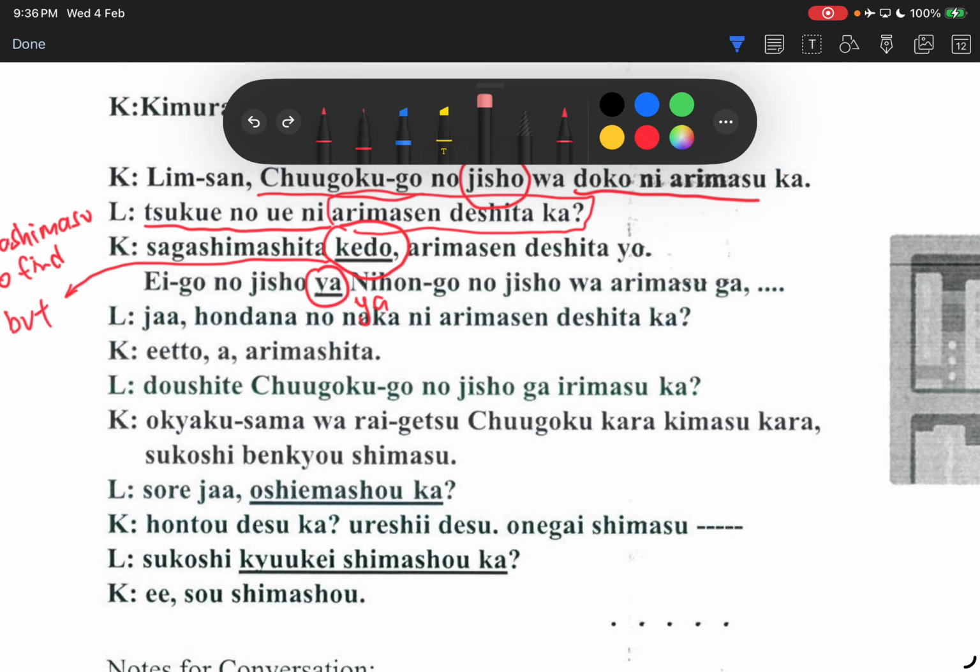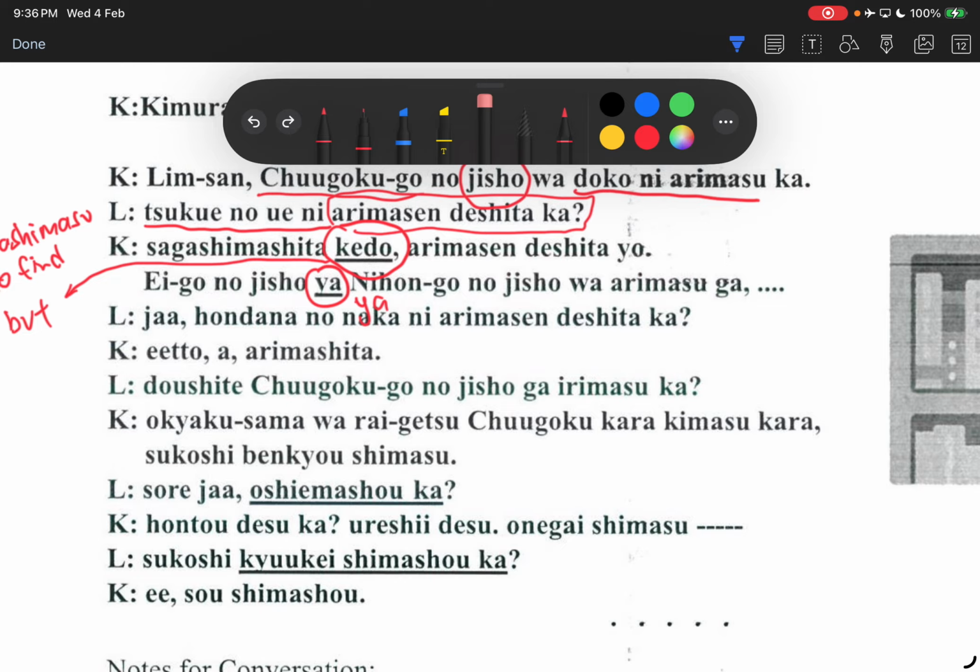Just now we learned no naka ni means inside of, right? So inside of the bookshelf, arimasen deshita ka? Don't have, right? So just basically trying to say, inside the bookshelf don't have.